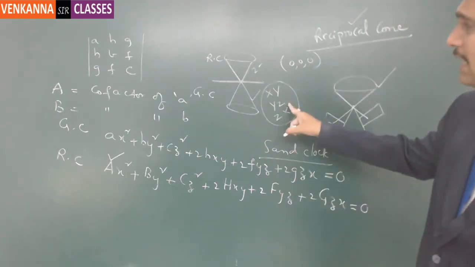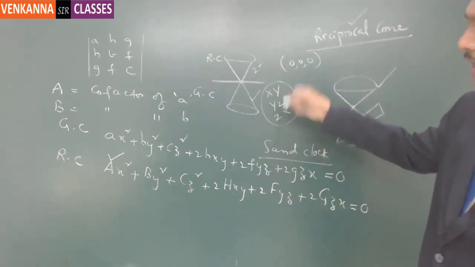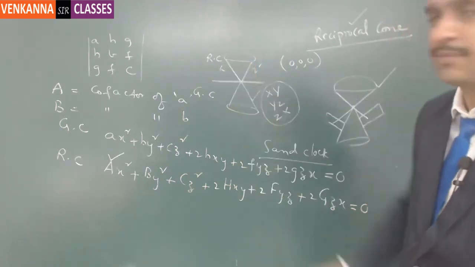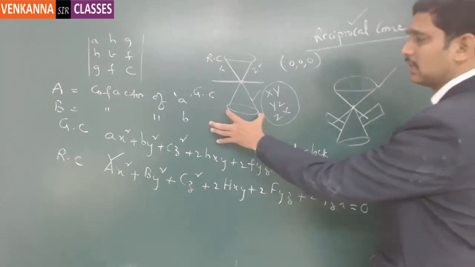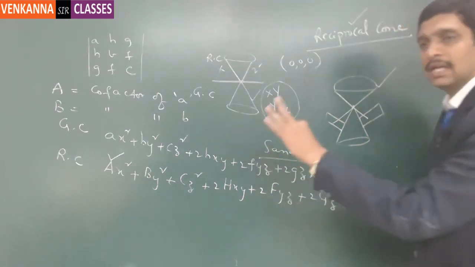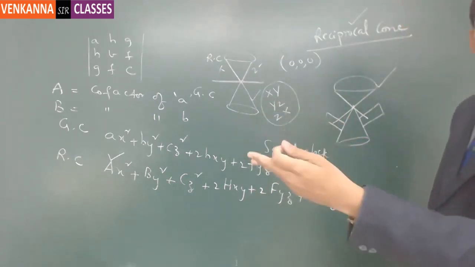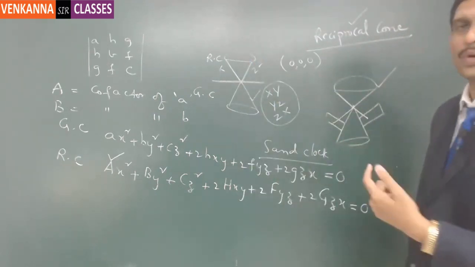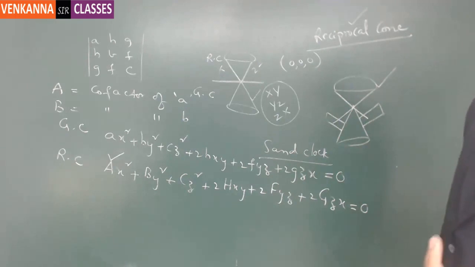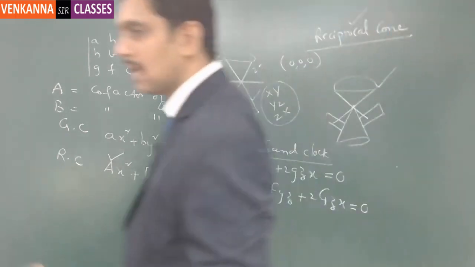For the yz plane, the x-axis is the normal, and it will become a generator of the reciprocal cone. So if the given cone has three mutually perpendicular tangent planes, then the reciprocal cone will have three mutually perpendicular generators, and vice versa.